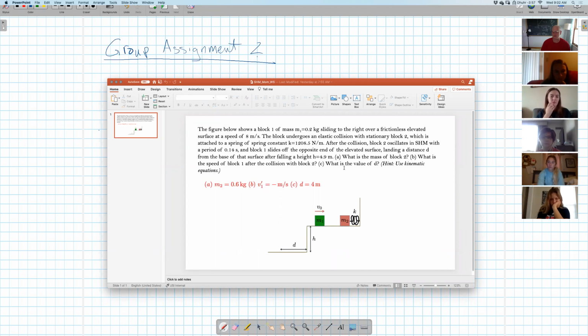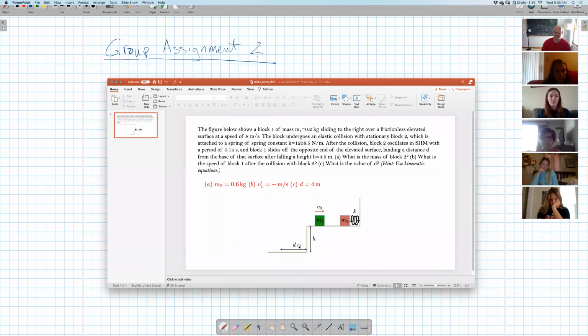So basically, what you want to do is first determine what is the mass of M2, because you're going to need the mass of M2 to figure out how fast M1 is going after it collides. Then you want to determine how fast M1 is going after the collision. And then finally for part C, you want to figure out how far it actually flies to the left.